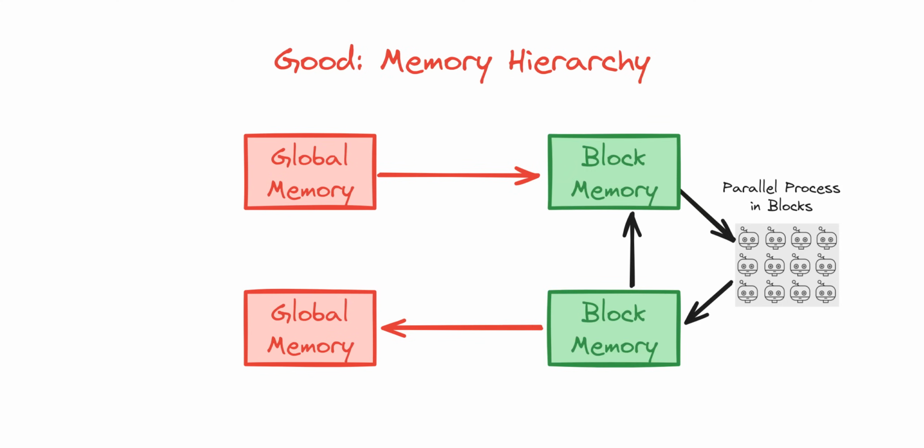In the ideal world, we first load from the global memory into our local block memory. We then do some computation within the block itself, maybe reading and writing from the local memory several times, and then when we're done, write back out to global memory with our final answers. This is the main trick for GPU programming, but it can be a little bit counterintuitive, and seeing it applied in practice for the first time can be quite challenging.